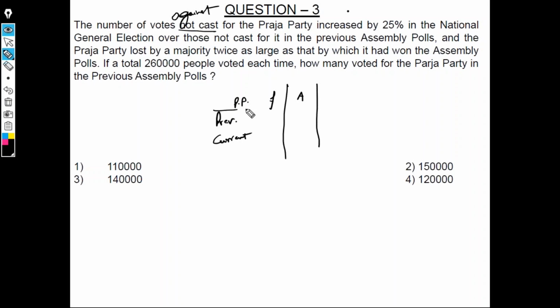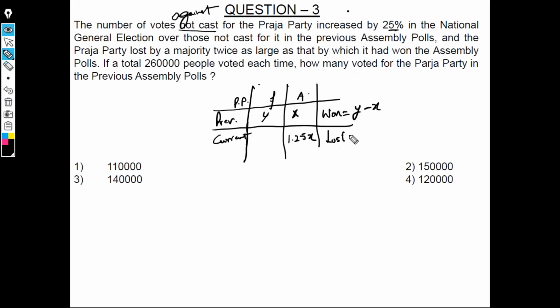So we just need to frame the equation. The question says the number of votes against me increased by 25%. If there were X votes against me previous year, now there are 1.25X votes against me. Let's say the number of votes in my favor were Y, so I won the previous election by Y minus X votes.